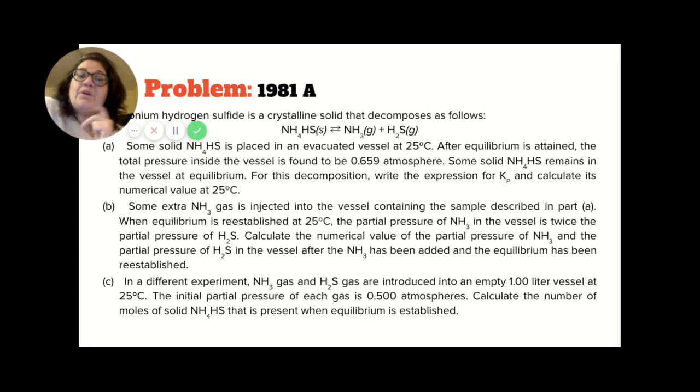Okay, part C. I had a new situation, starting out with gases instead of starting out with 0 gases, making the solid. So I did the same rice thing. I checked to see what Q was, to see what direction it was going to move in. Don't just assume that you're making products. Sometimes you're using up products.